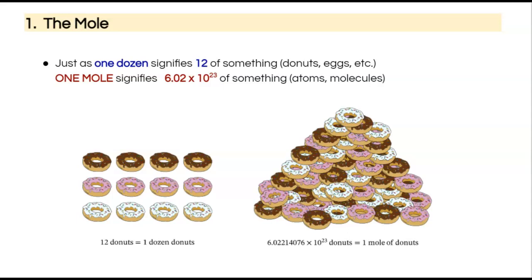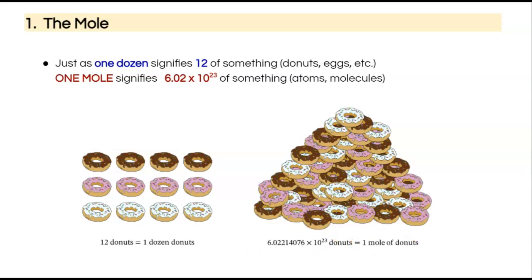Just as 1 dozen can mean 12 of something, usually donuts or eggs, but we really could apply it to anything, in chemistry, 1 mole means 6.02 times 10 to the power 23 of something. Usually we're talking about atoms or molecules, chemical particles of some type. So for instance, I could have a mole of donuts, but that would mean I would have a whole heck of a lot of donuts.